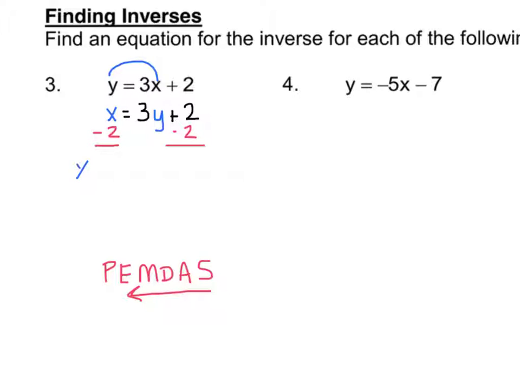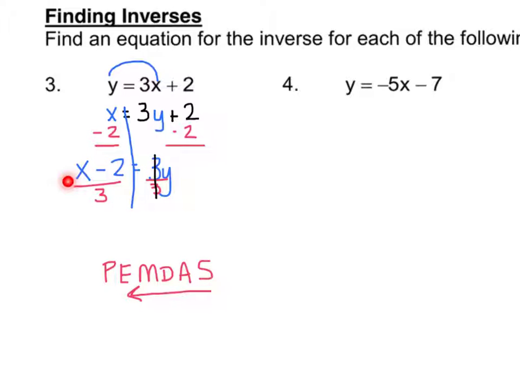So x minus 2. Draw your line if you need to. Then we need to do the multiplying or dividing. The opposite of multiplying by 3 is dividing by 3. So then your final answer is (x minus 2) over 3.